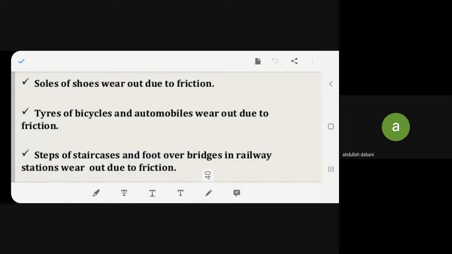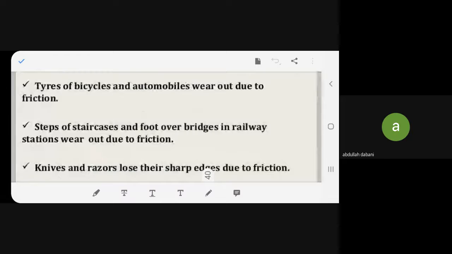The steps of staircases, wherever you are using them more, you can see there's a curve. The shape of the staircases changes. I'm talking about wooden staircases. Obviously stone is not possible, but wooden staircases become a sort of curved.